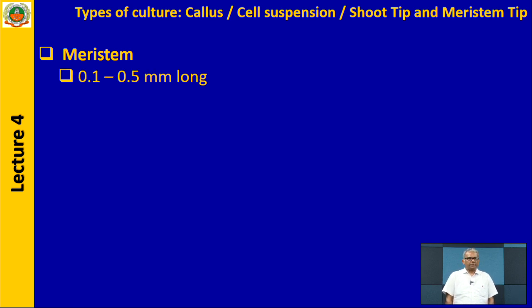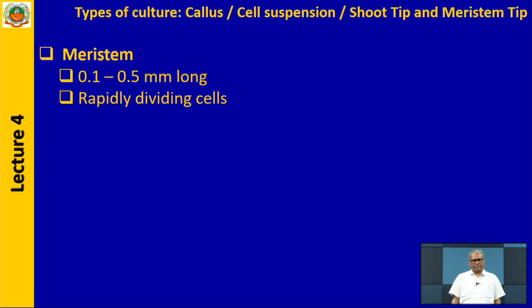The meristems are approximately 0.1 to 0.5 mm long if we collect them from the apical meristems. So, the meristems are characterized by rapidly dividing cells. They are functionless, they just keep dividing and they promote the growth and development of plants upon differentiation.